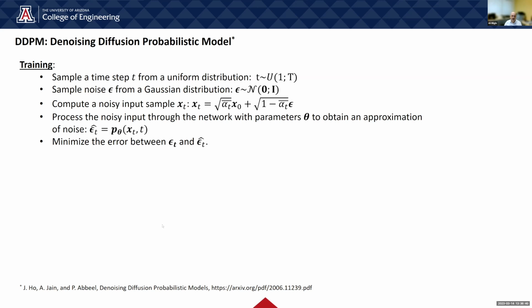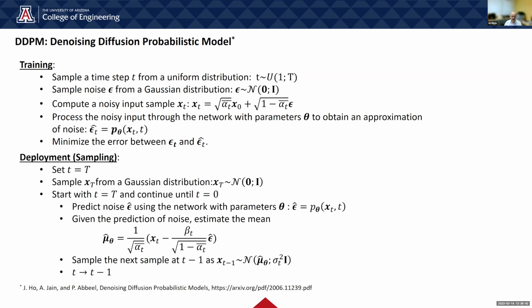So this is what happens during training, and then during sampling, you start at the last stage. You generate again random Gaussian noise, and then you go step by step through your diffusion stages, if you will, and you predict noise using the network that you previously trained.